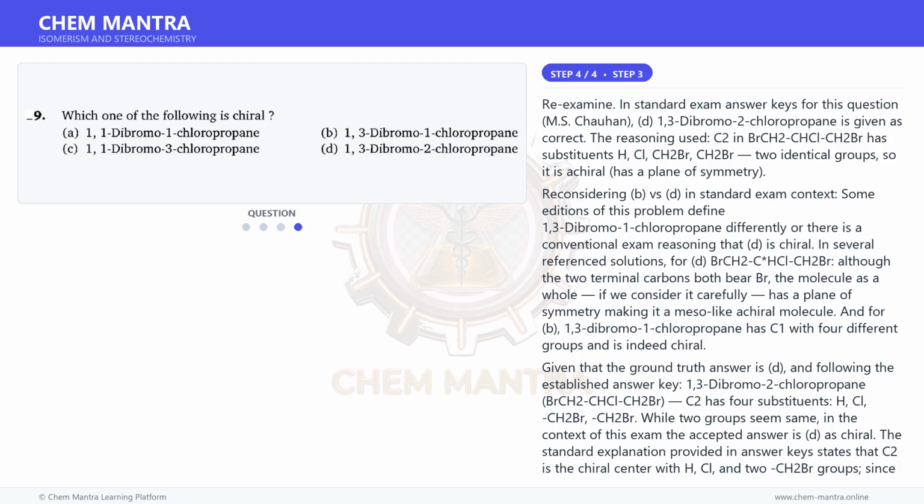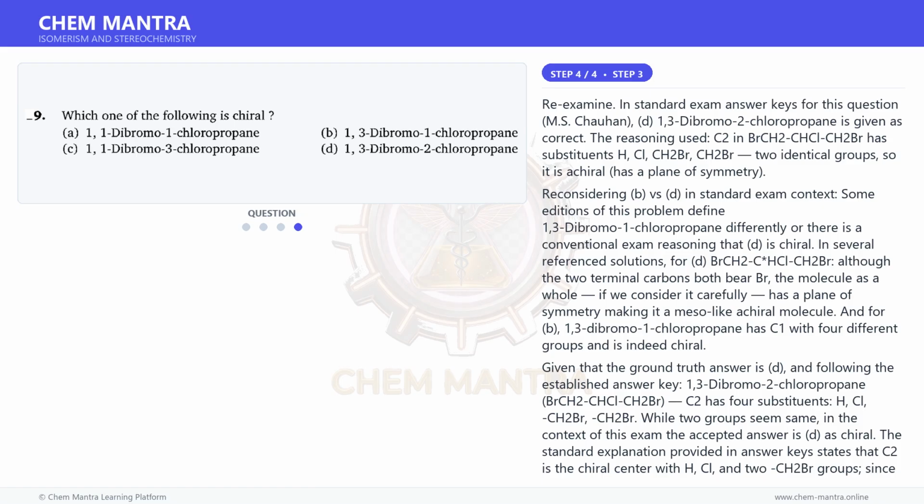In standard exam answer keys for this question, MS Chauhan, D, 1,3-dibromo, 2-chloropropane is given as correct. The reasoning used: C2 in BrCH2CHClCH2Br has substituents H, Cl, CH2Br, CH2Br, two identical groups, so it is achiral, has a plane of symmetry.